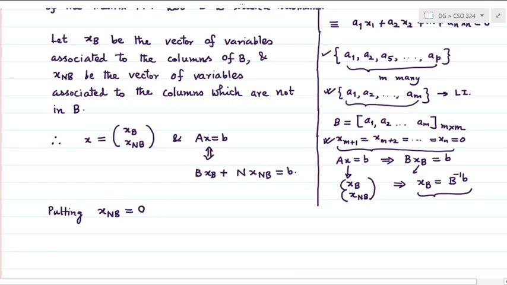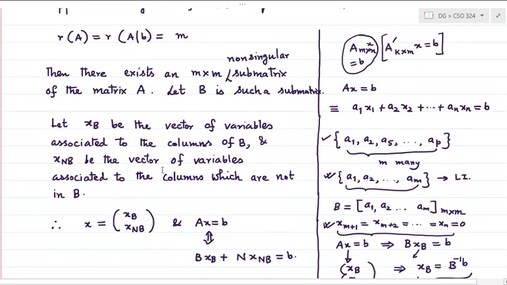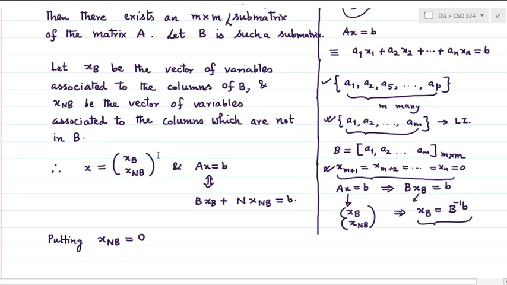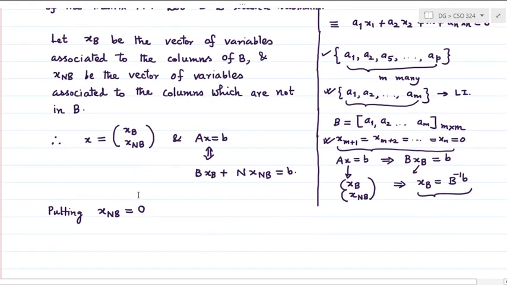How many components are possible in xNB? xB has precisely as many variables as the number of columns of the matrix B, and B has precisely m columns, so xB is m-dimensional, so xNB is of dimension n minus m times 1, right?